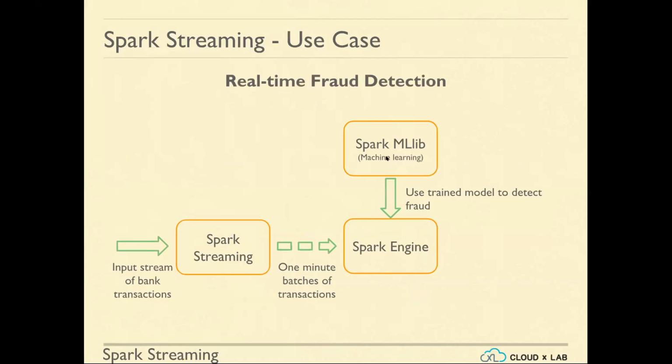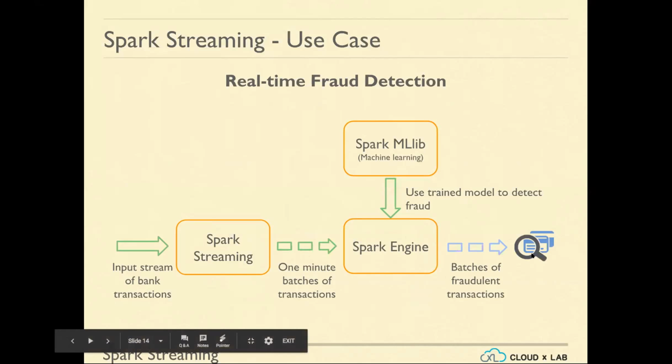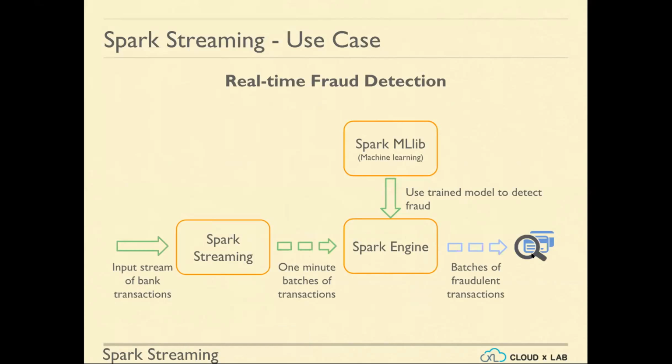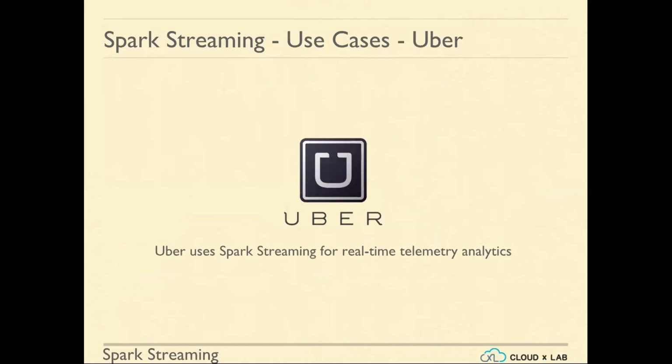Our engine uses this library to check whether a particular transaction is fraud or not. After that, it sends a report, or it could put this output back into a Kafka queue so that the transaction stream could listen to a particular queue and take appropriate action. All right.